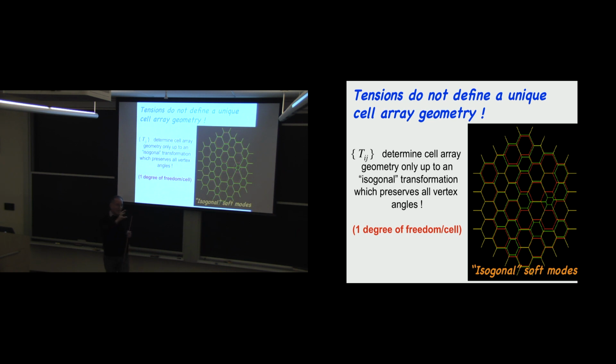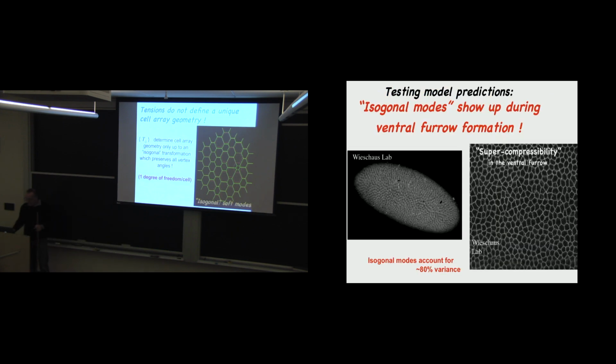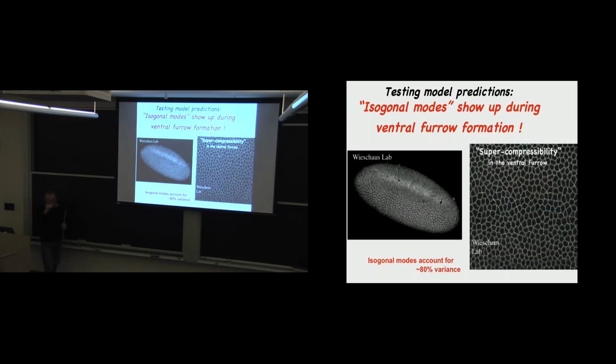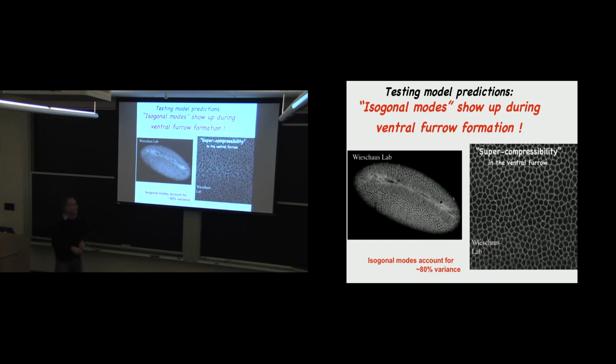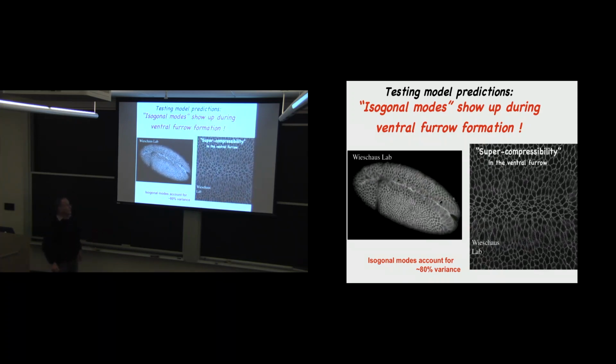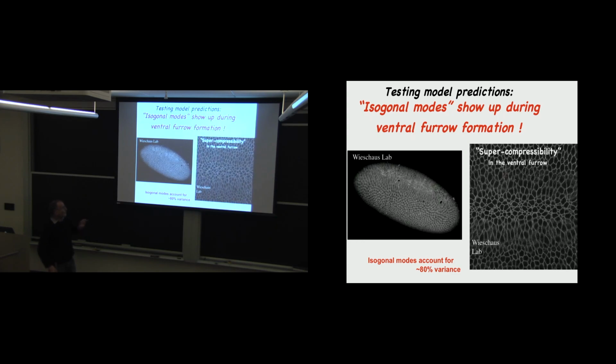So by transient perturbations of mechanical equilibrium, you can move along this manifold, right? And so we thought that perhaps biology is making use of this type of transformation.